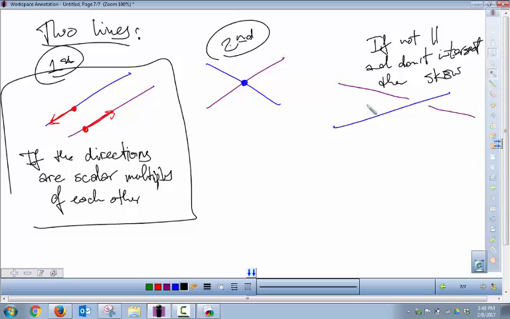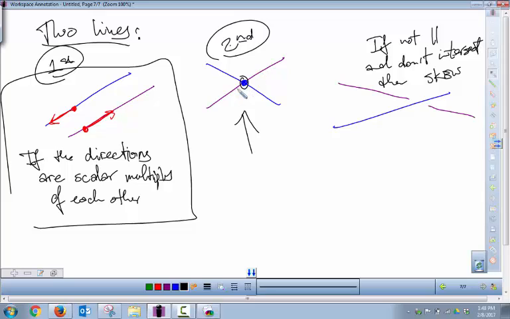Okay? So I'm leaving this part out because this part is a little bit more involved. The tricky part about this is that the lines can pass through the same point, but they can pass through the same point at different times, right?